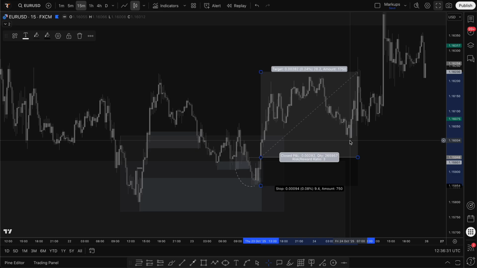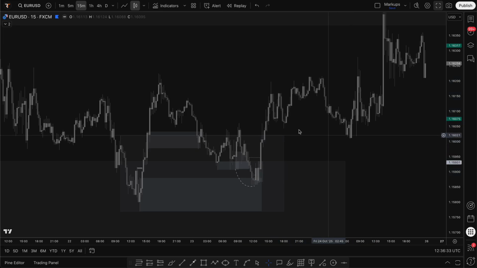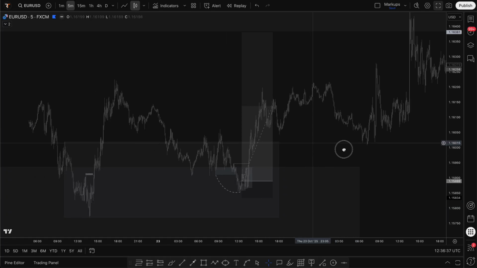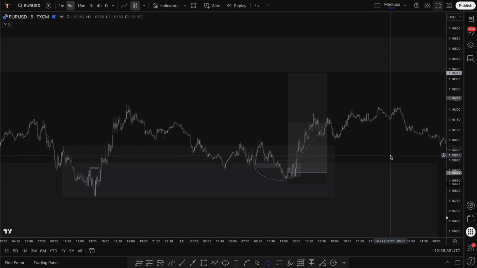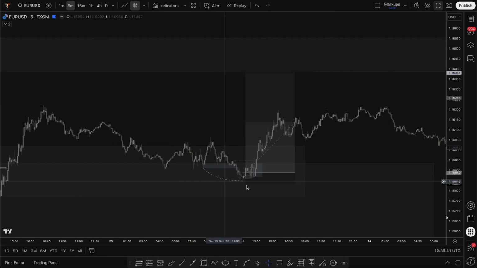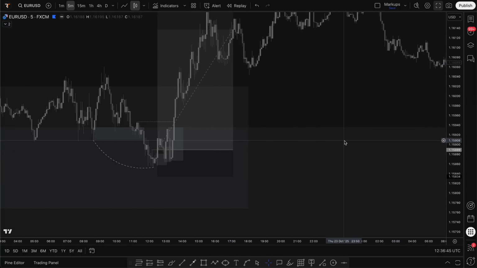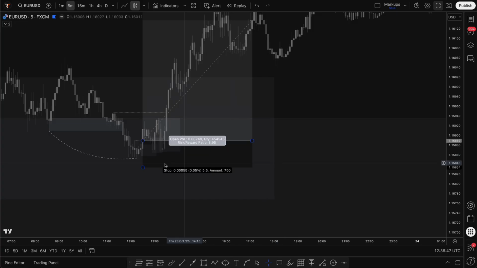Now obviously you might see from my trade screenshot it's a little bit different. I did personally take the entry on the 5-minute just to get in a bit earlier because I was pretty confident about this trade. So the minor break was just a bit earlier over here.